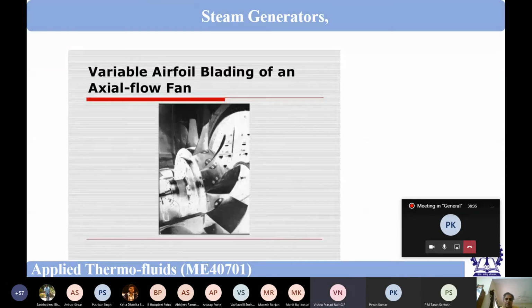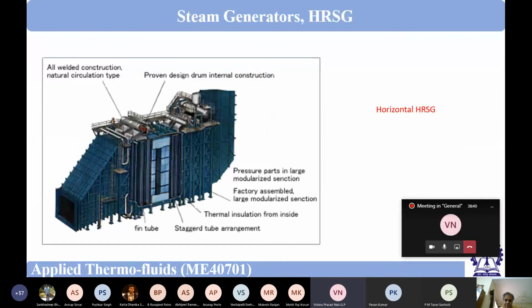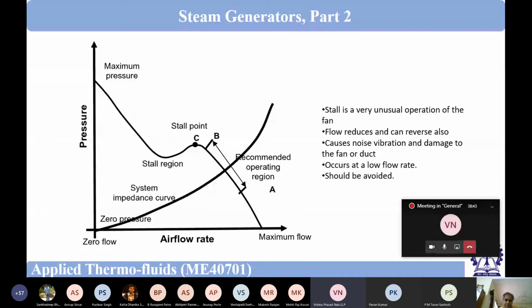So sir, here there would be a doubt, when the fan starts, then that stalling should be avoided during starting, right? No, not during starting. During operation, the stalling should be avoided. See, this diagram will give you.